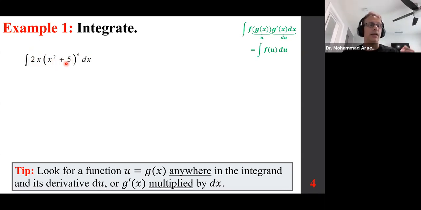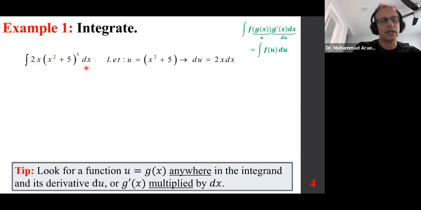And it's a trial and error. You can check it out, see if it works out or not. So if we choose the inside of the parentheses, namely x squared plus 5, I hope you realize the derivative is 2x, therefore du is 2x dx.